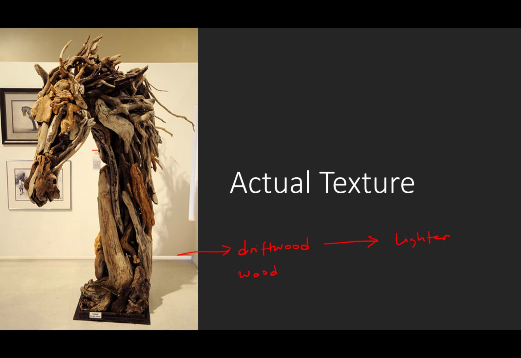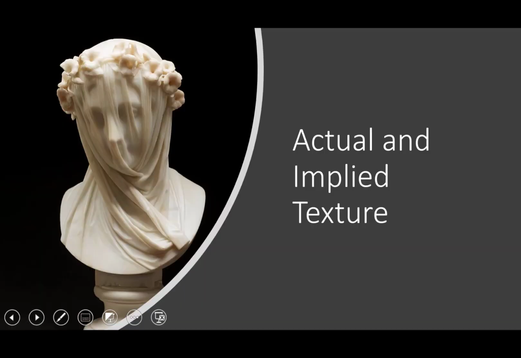It is what it is. Actual texture is that it is what is expected. That's not the surprise. The idea is more just transforming wood into a different object, but the artist is not playing around with the texture being different than what you expect.